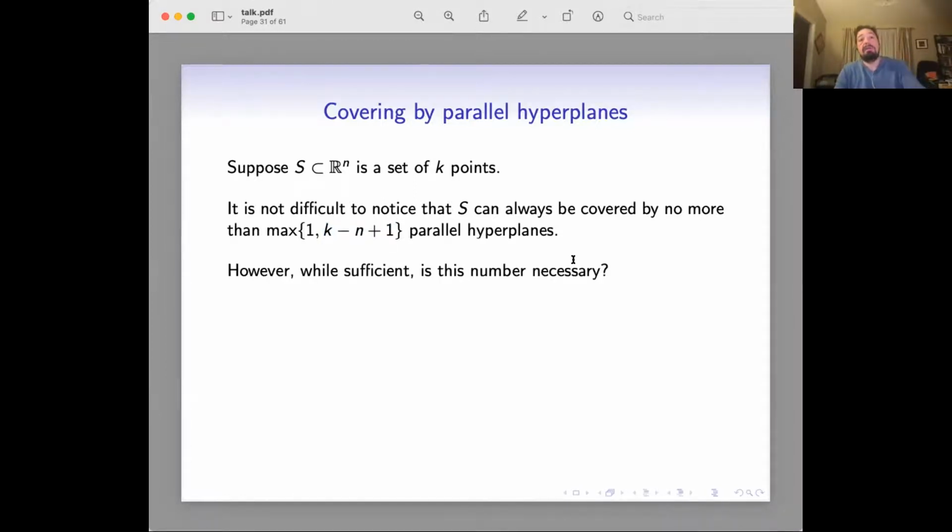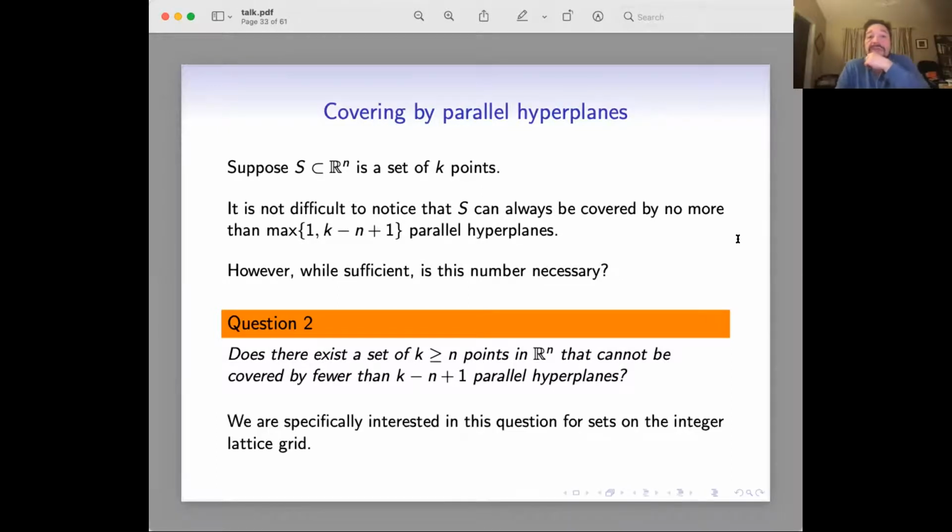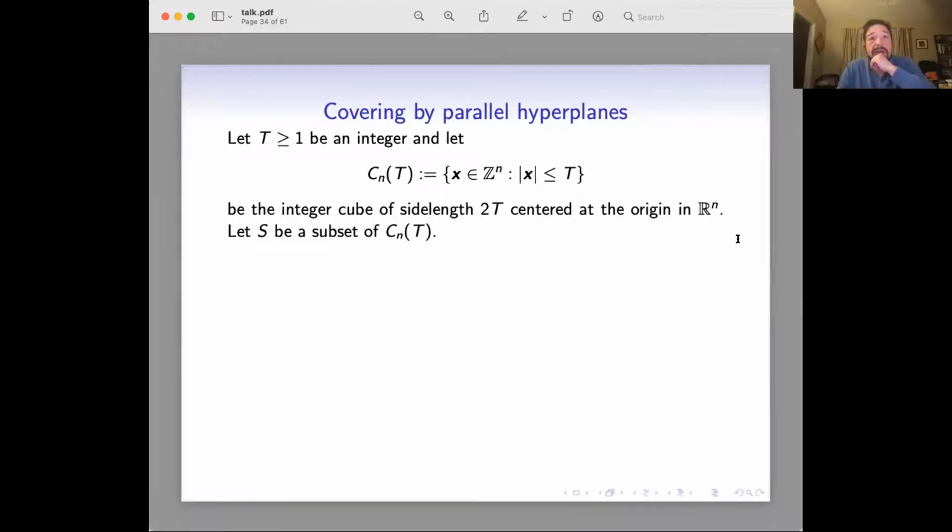Okay. So this number is sufficient, but is it necessary? In other words, does there actually exist a set of k points that cannot be covered by fewer than k minus n plus 1 parallel hyperplanes? We're specifically interested in this question on the integer lattice. So let me rephrase the question as follows.